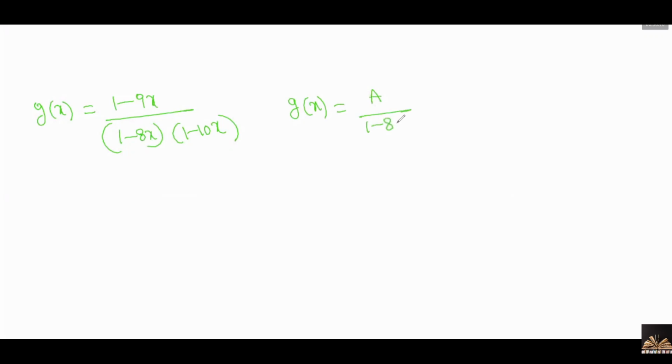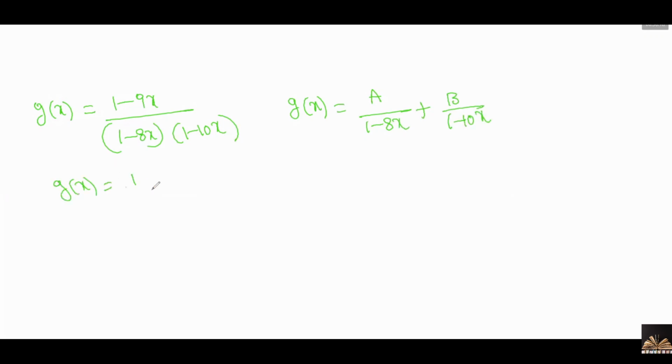Now you got the values of a and b, right? So g of x is equal to 1 minus 9x by 1 minus 8x into 1 minus 10x. This can be written as g of x is equal to, we have written it as a by 1 minus 8x plus b by 1 minus 10x, right? Now you got the values of a and b, so substitute them.